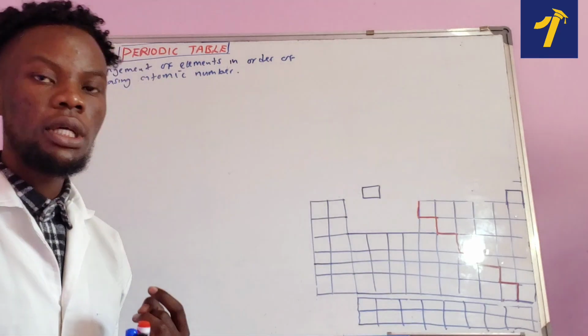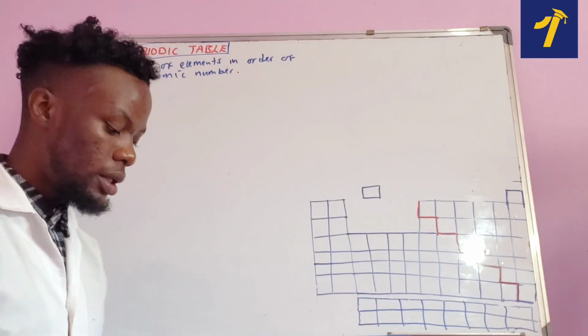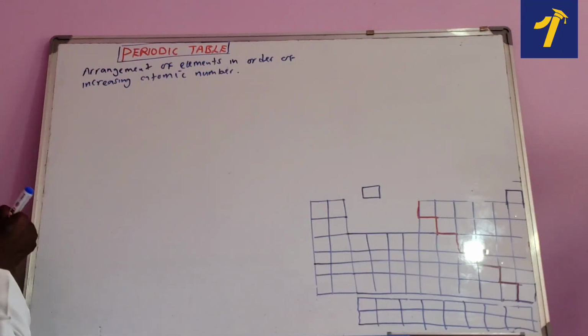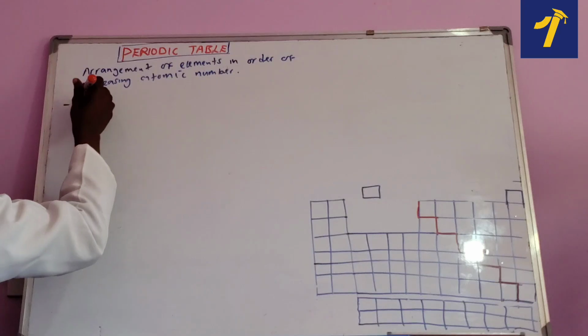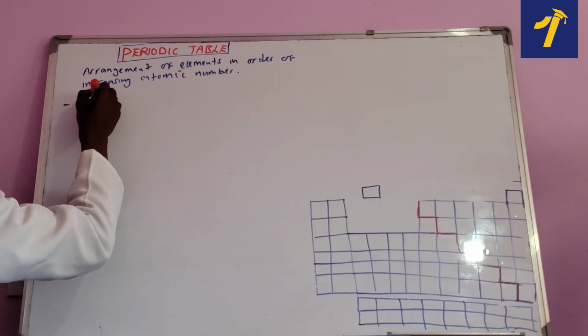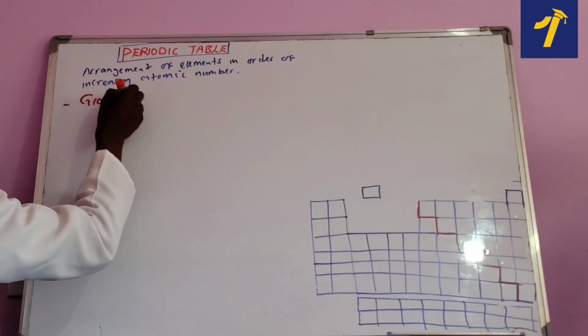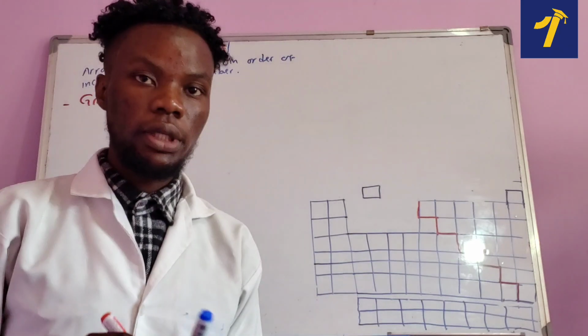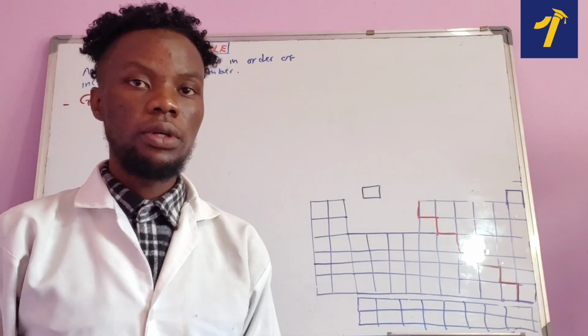We've got the groups and we've got the periods. The first important thing that you need to understand is these elements are arranged in groups, and we're going to write also the period. Two important categories.